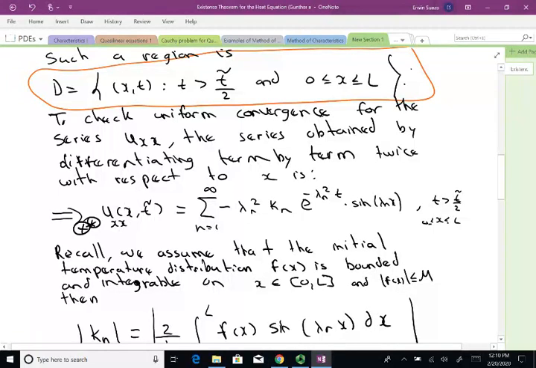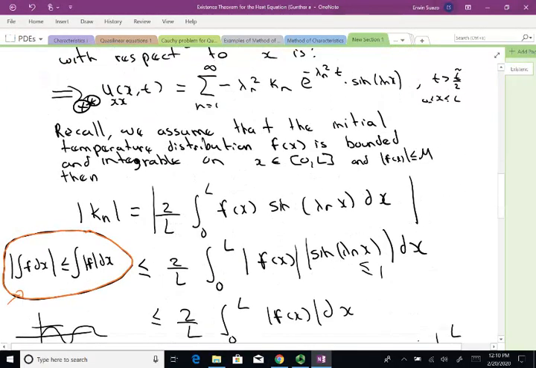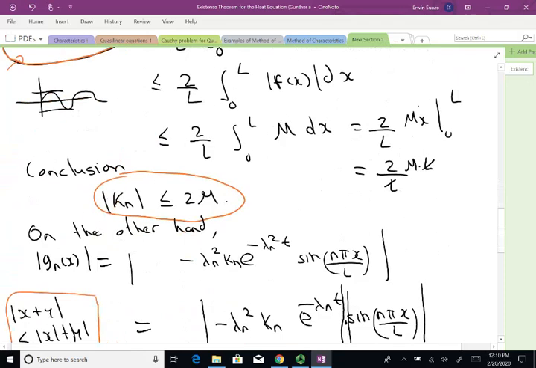Okay, so you can do it for any t as long as t is positive.